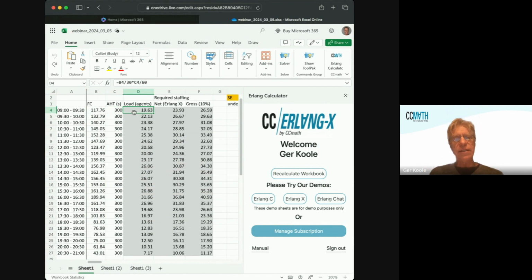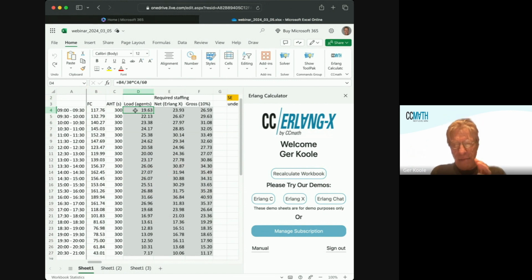What I did here is I calculated the load for every interval. Sometimes you can calculate load in numbers of hours that you need to schedule agents. That's often done in capacity management. You compute the full load, and then you add certain percentages to it, to know how many hours you need in a certain week, or next year, for example.